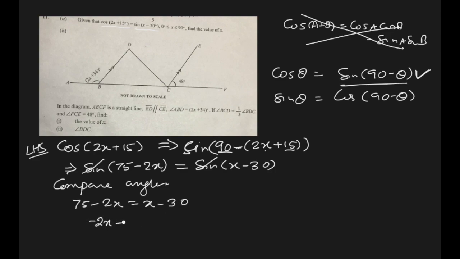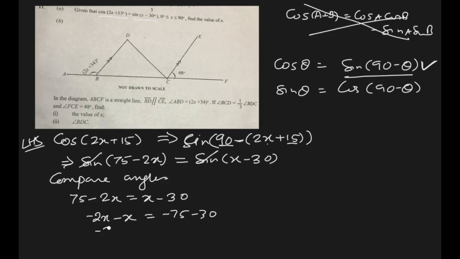So minus 2x minus x equals negative 75 plus 30... 75 minus 30, gives minus 3x equal to negative 105. Let's divide both sides by negative 3.